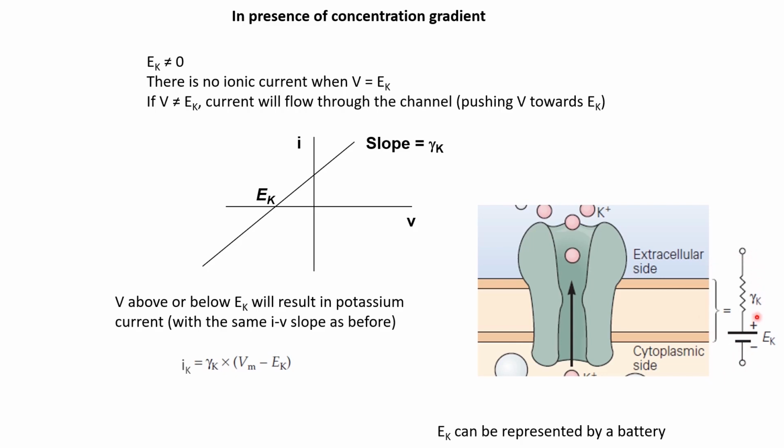So if outside is 0, the inside will be minus 75 millivolts. If you apply a voltage of minus 75 here, then the voltage at this point becomes 0, so there will be no net current through this ion channel. But if this value is different from Ek, then there will be some resulting voltage difference here, and that voltage difference will drive current through this ion channel.